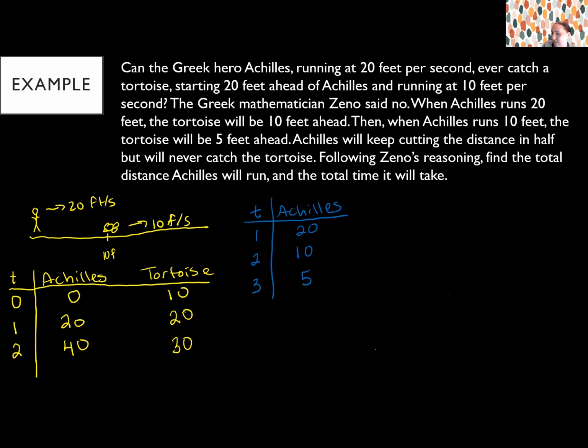This would be 2.5. So he just keeps thinking you have to go half by half by half by half. If I have to go 20 feet, I first have to get 10 feet. In order to reach 20, I have to at least get to the halfway point, then the halfway point again, and so on. So this is what he's thinking: how much distance do you move in each second?